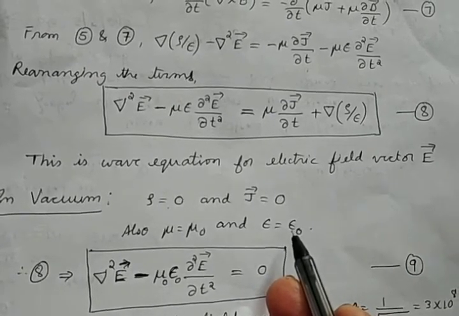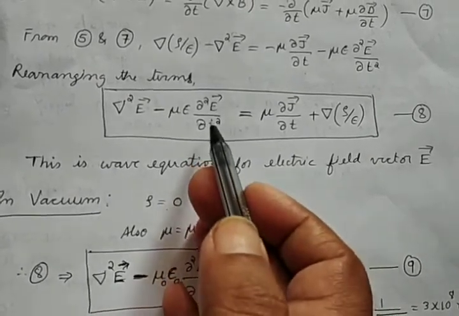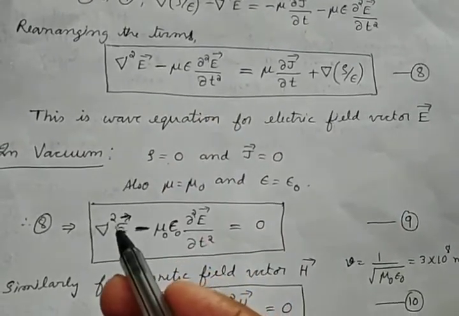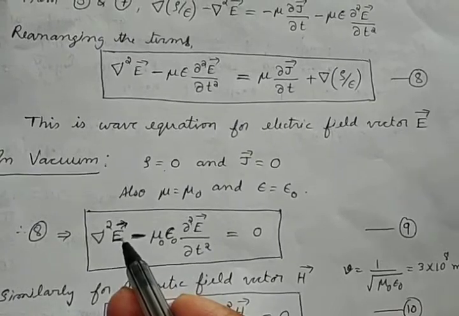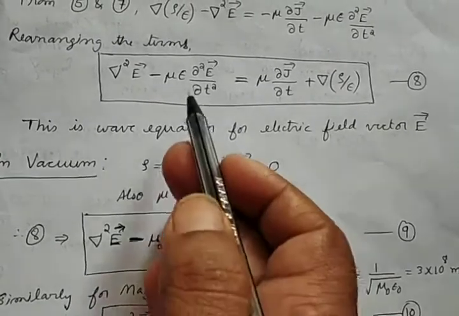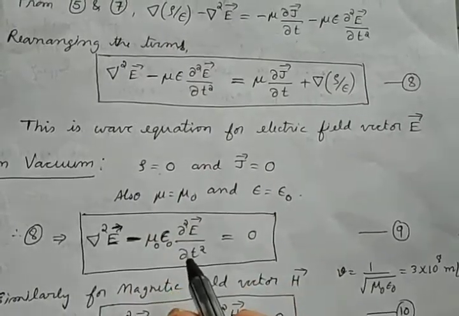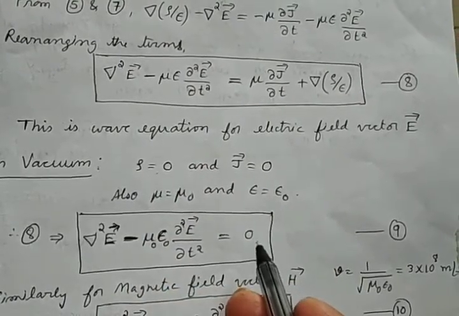So making these changes in equation 8, we can write it for vacuum as del square E bar minus mu naught epsilon naught dou square E bar by dou t square is equal to 0.